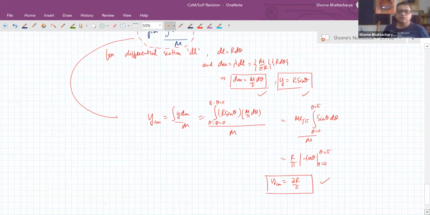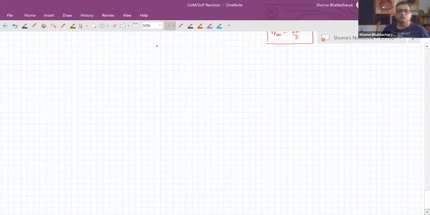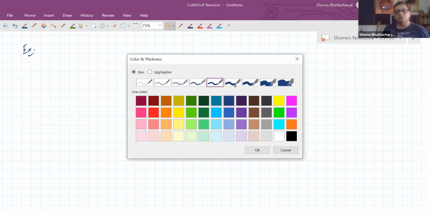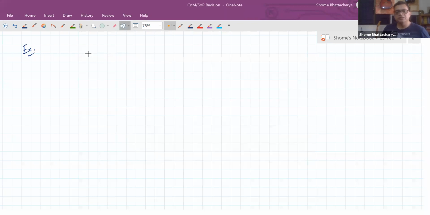For example, an adaptation of this derivation is the case of a general circular arc, which is not necessarily subtending an angle of 180 degrees, but could be subtending any general kind of angle.